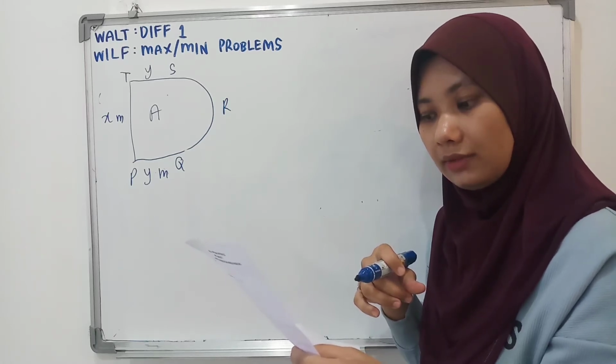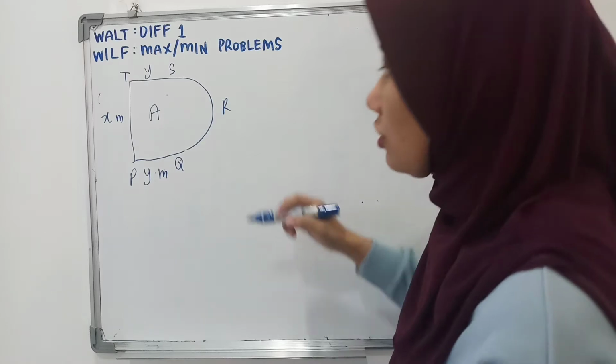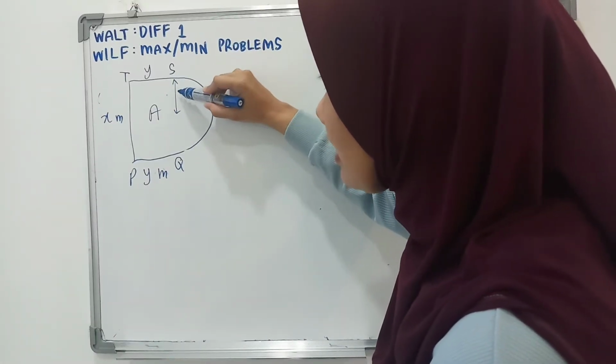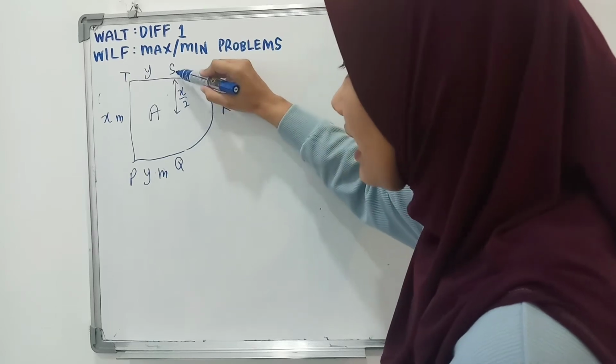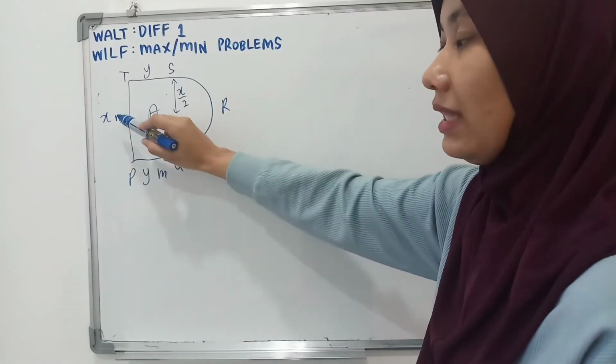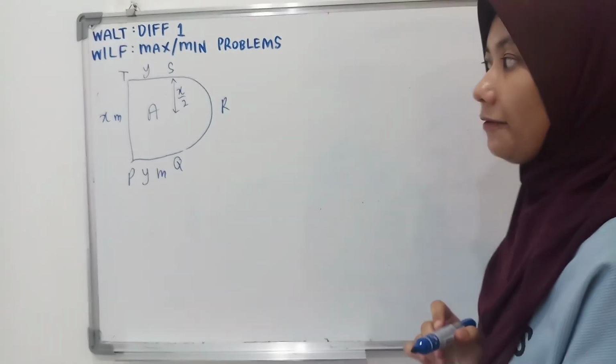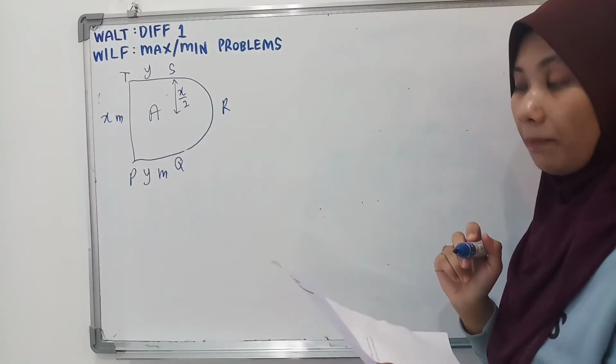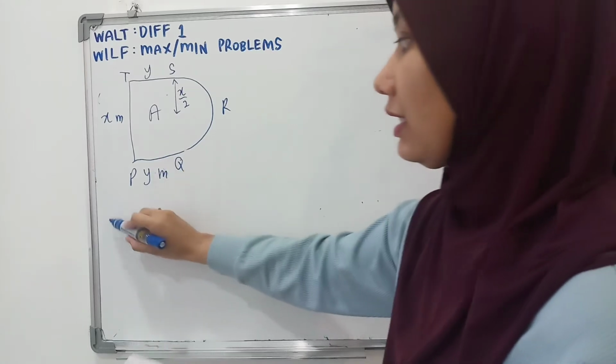How do you do this? Okay, so what is the radius here? We mentioned just now X over 2, because S to Q is X meter. So the radius is X over 2. Now we know that the perimeter is 2 meter. So how do we find the perimeter here?